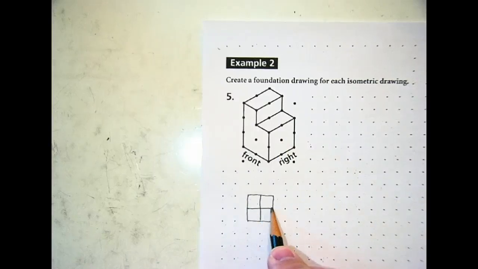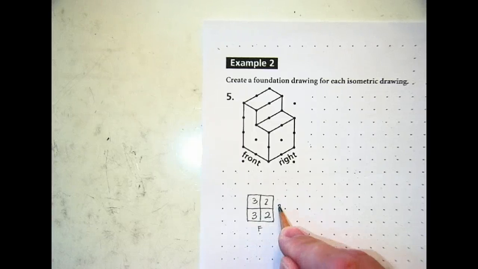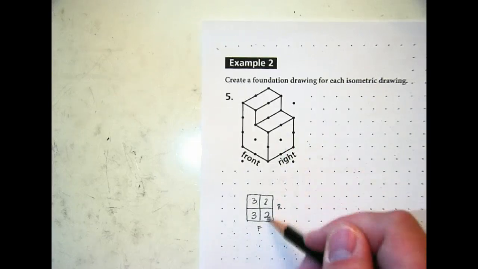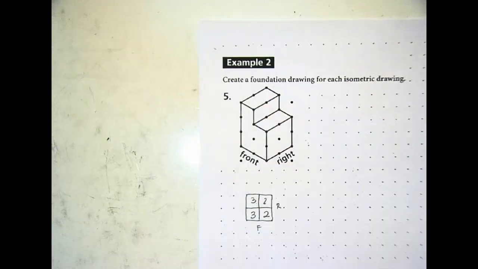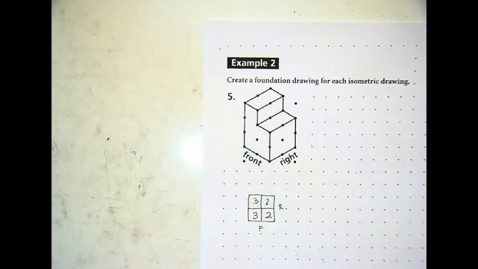Now when I break it apart, I have, this is 3, 3, 2, and 2. So if it helps, label front, label right. On the right side, you have the 2s. On the front, you have the 3s coming towards the front. Okay? Questions?